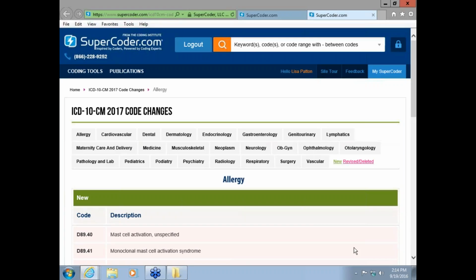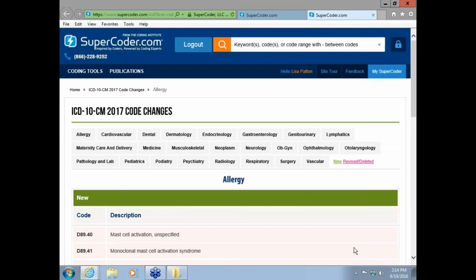But if they give you a grace period of 1 year, after that, they might even reject other specified. So each time you see this, make sure you ask your physician. Try and get back with them and say, I'm looking at this code, it will not go through because it's under unspecified. Is there anything you can add? Before you finish, they must give you something to go with.